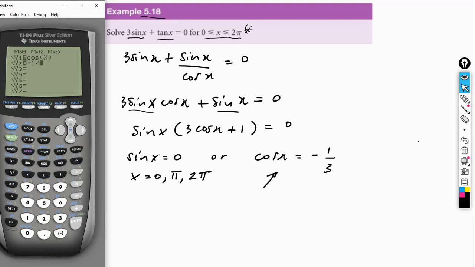And then we have to make sure that we have the right window. So the domain is from 0 to 2 pi. So let's write 0 and 2 pi.